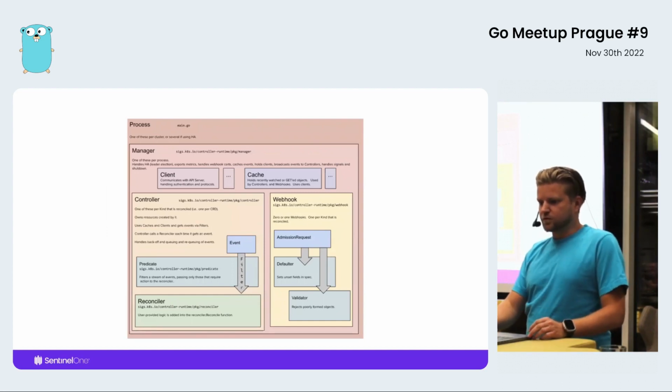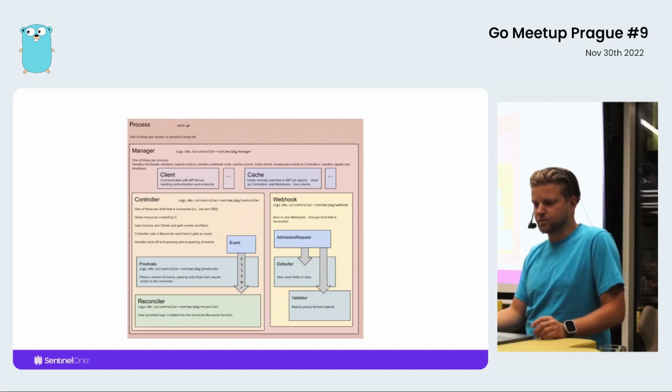This is how it looks from the Go point of view. There is a process you write which runs a manager, and the manager basically has a Kubernetes client, which is the classical Go client for Kubernetes, and has a cache for everything which is accessed.